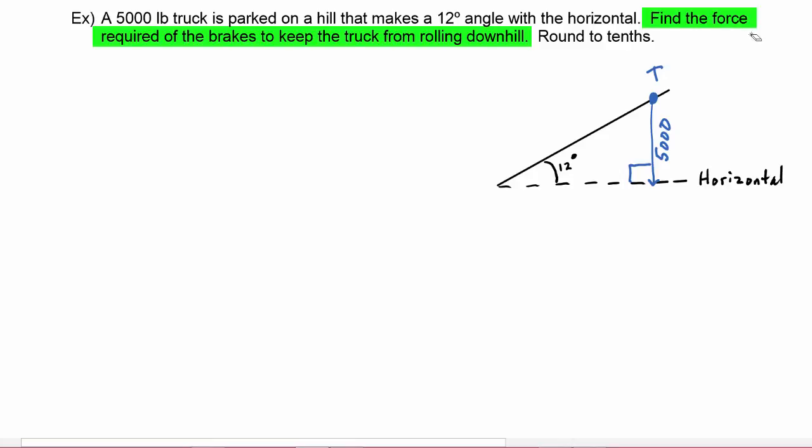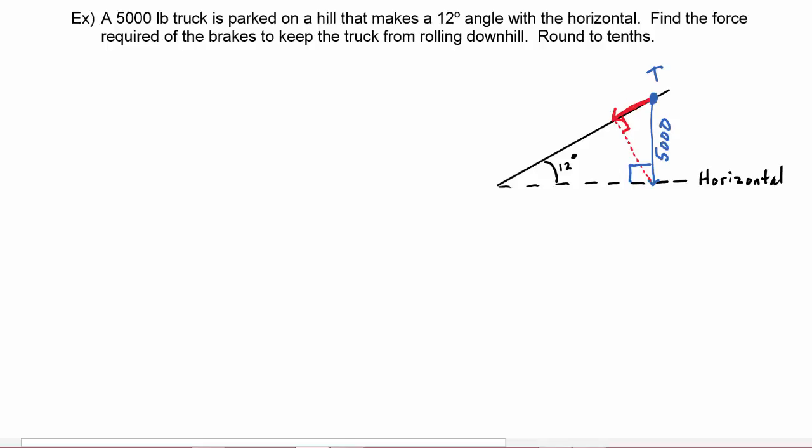We have to find the force required of the brakes to keep the truck from rolling downhill. So what happens is that the force of gravity gets broken up into two parts. The part of the force that is perpendicular to the hill and the part of the force that is parallel, going in the direction of the hill, which is this force right here.